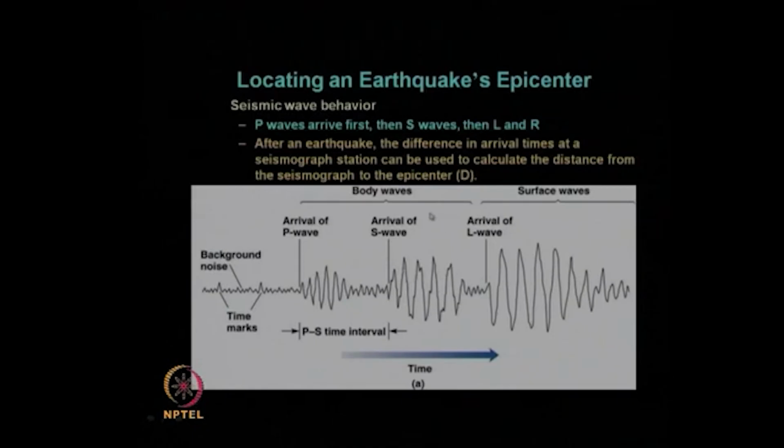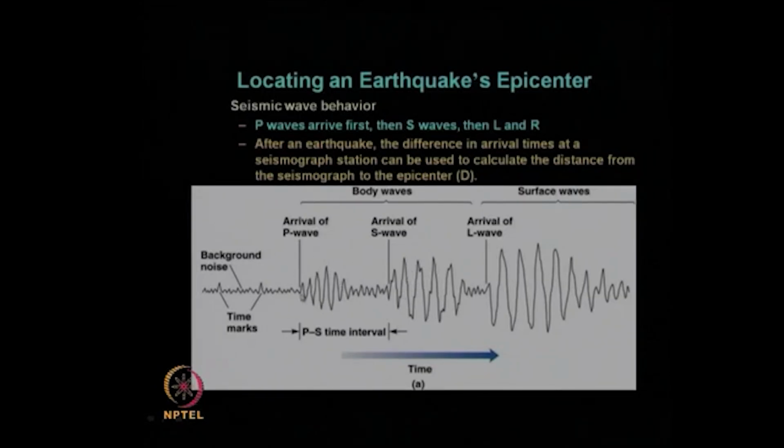So, if the S wave is not coming, L and R waves also will not come. Only in that case we can say it is in the shadow zone of the S wave. So, it recorded only the P wave. But if these spikes come, that means they are not in the shadow zone of either P or S wave.